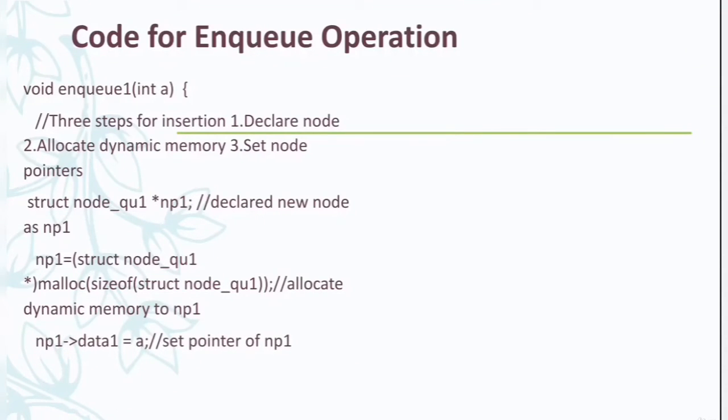Now we have to set the pointers of NP1. As we are using a linked list, it will have two parts: the first is the data part and the second is the next part. So NP1 data equals A and NP1 next equals null, as the linked list is empty in the current situation.